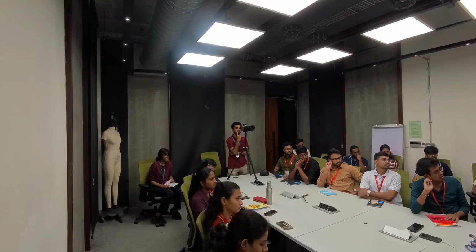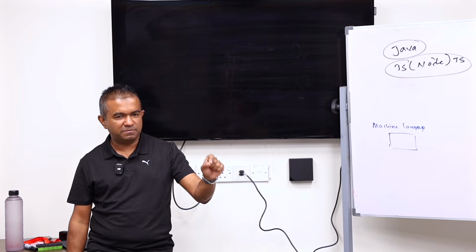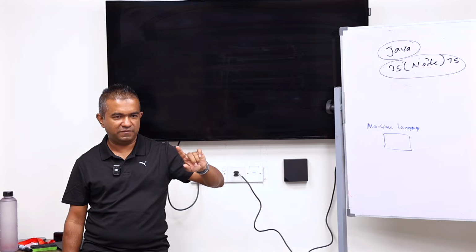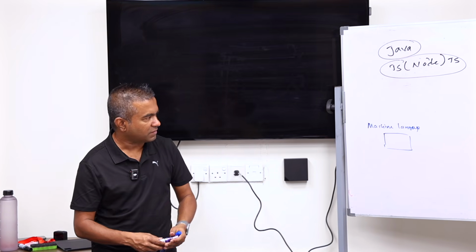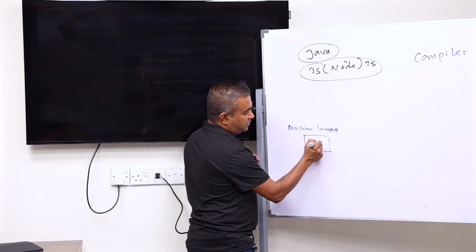Why? Electronic devices are triggered by electric signals, the power. So power is present or absent, like a switch that is on or off. If it is on, it is 1, if it is off, it is 0. So computers always understand this 1 and 0 concept.